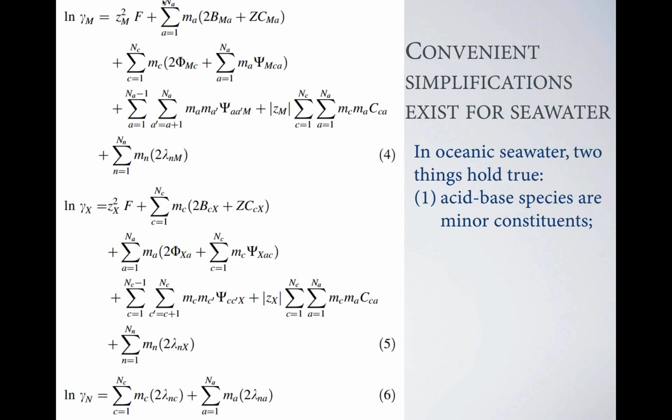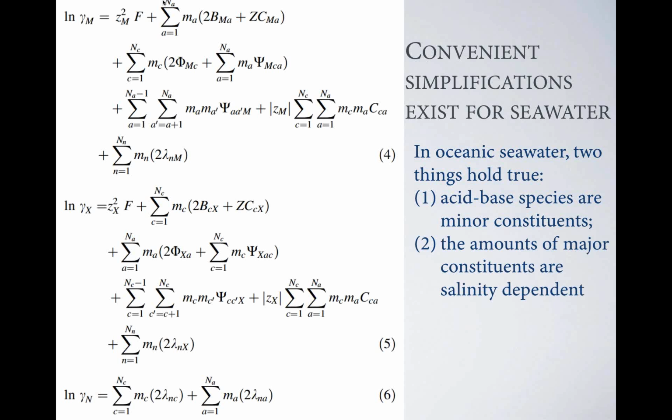Now, that means that in these sums, you can pretty well ignore them because they're weighted low because there's only small concentrations, and the interaction coefficients are about the same for all the species. They vary somewhat. So you end up saying, we don't need to worry about the acid-base species in this.